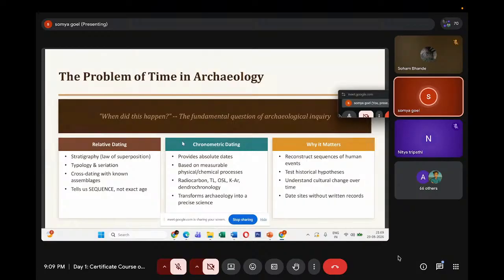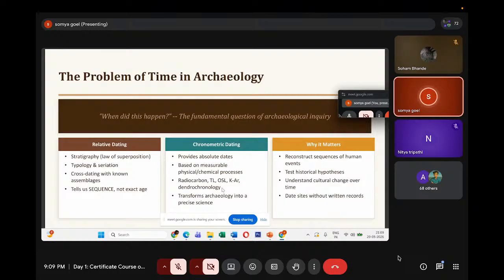To solve this, chronometric dating came into being. Now, with this, we get absolute dates. These chronometric dating methods are based on measurable physical and chemical processes. These include processes like radiocarbon dating, thermoluminescence dating, OSL dating, dendrochronology, etc. Now, these methods do not give you guesses.